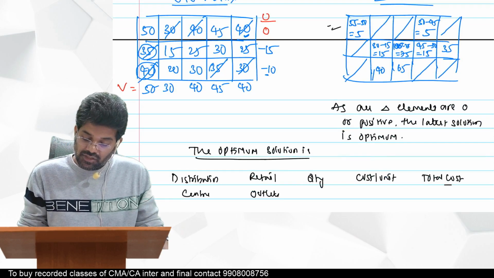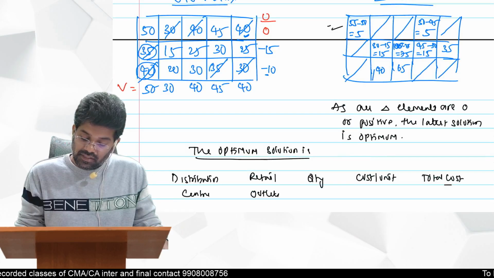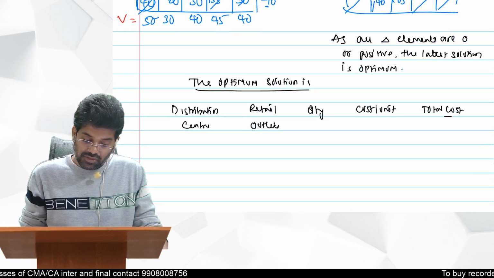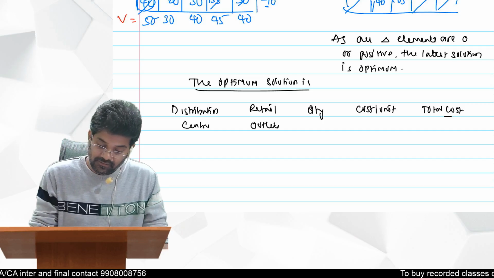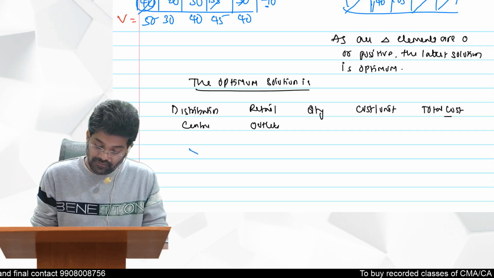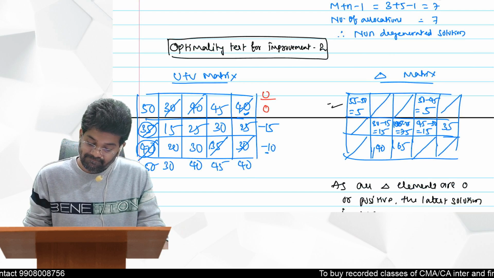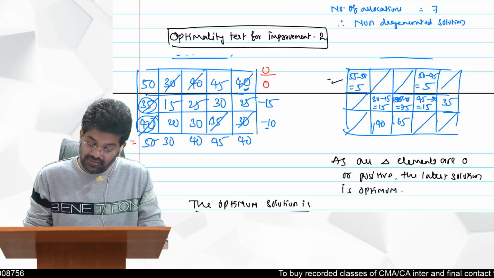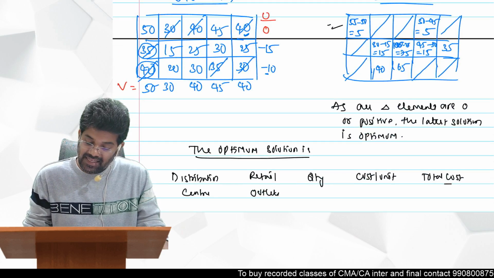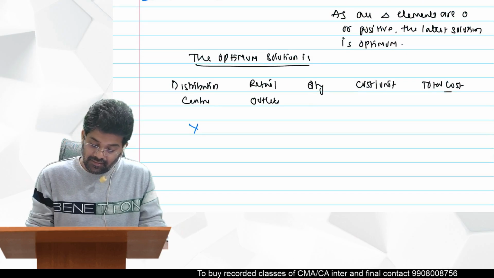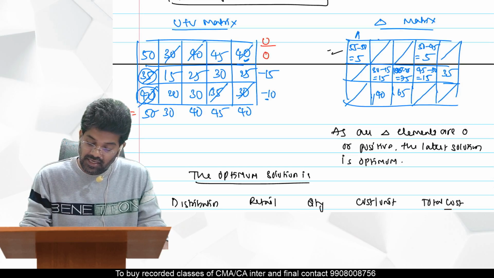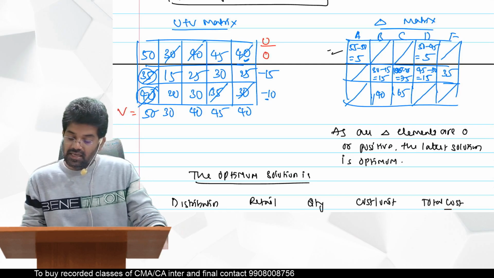So first distribution center X, to which one? B, C and then E. B, C, E allocations, since the outlets are A, B, C, D, E. So B, C and E allocation.